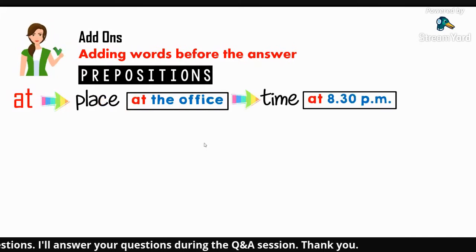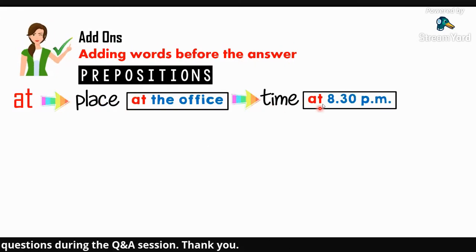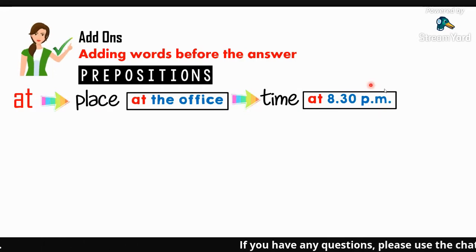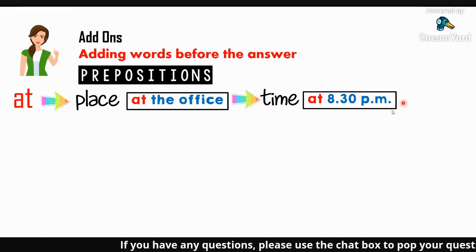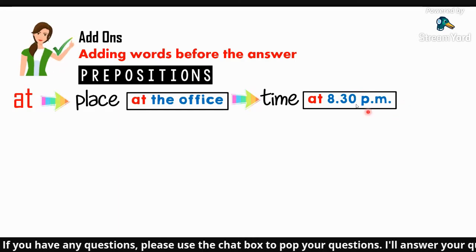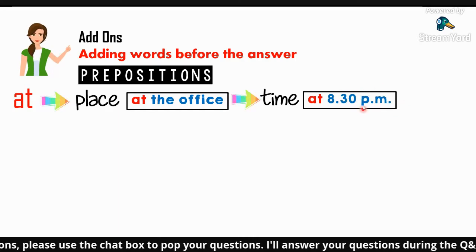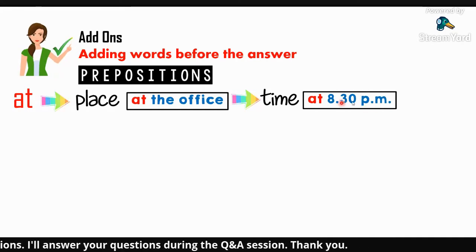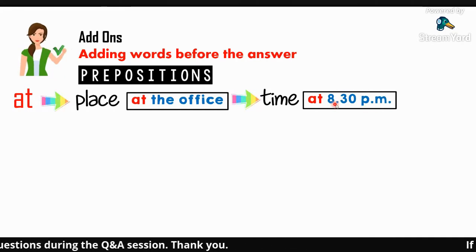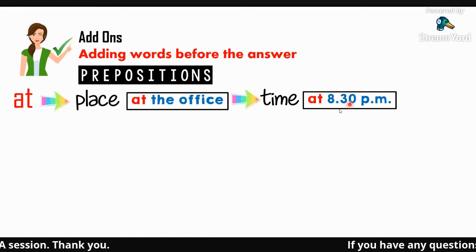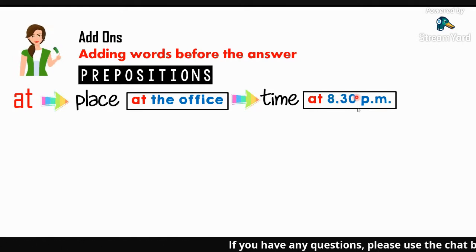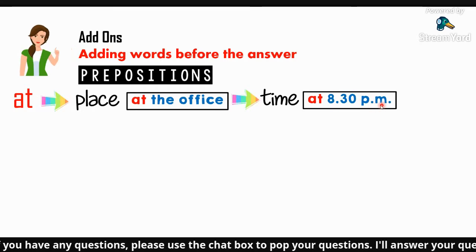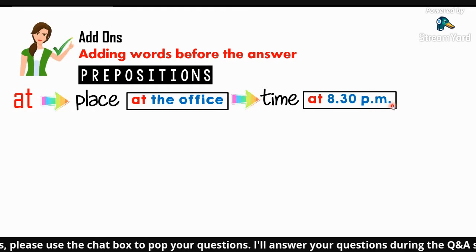And the next one is for time, at 8:30 p.m. Please be very careful when you are writing the time, especially p.m. You need to remember, it has to be 8:30, the digits, then a space, then the P, dot, M, dot.